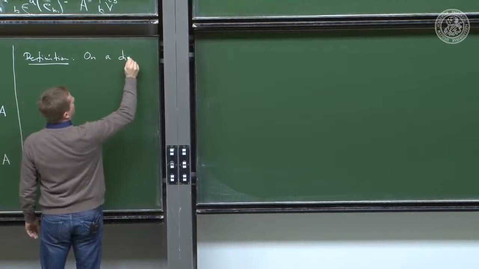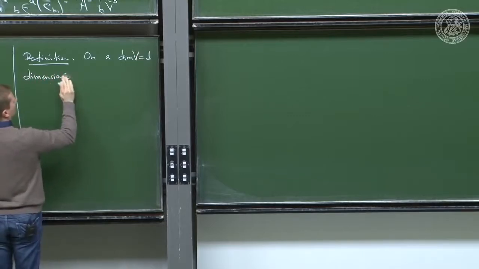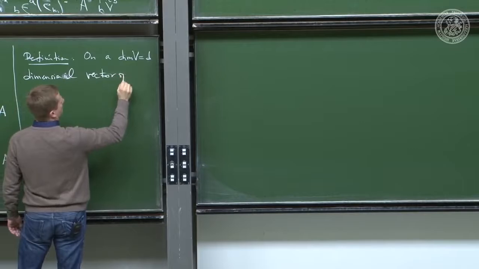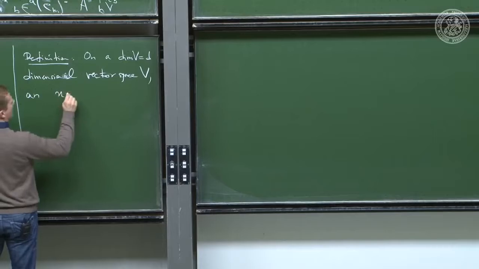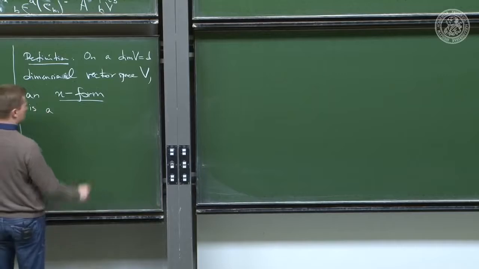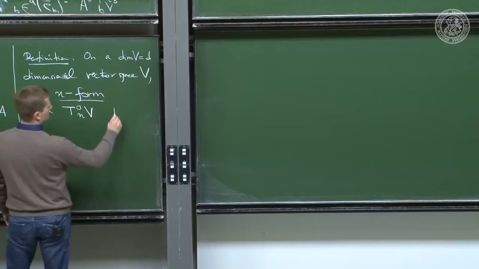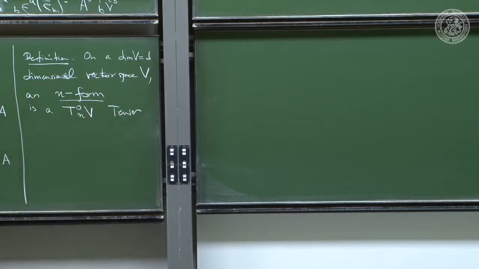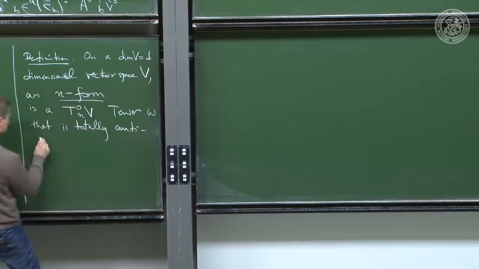On a dim V equals D dimensional, so finite-dimensional vector space V, an n-form is a 0-n tensor, let's call it omega, that is totally antisymmetric.